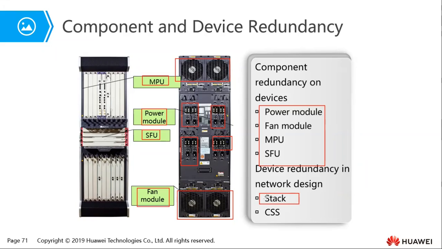Now, the same concept can also be applied on modular switches. And when you apply it on modular switches, we use what we call CSS, or cluster switch system function. CSS enables us to combine modular switches into a single logical switch. So that is what we call device redundancy.